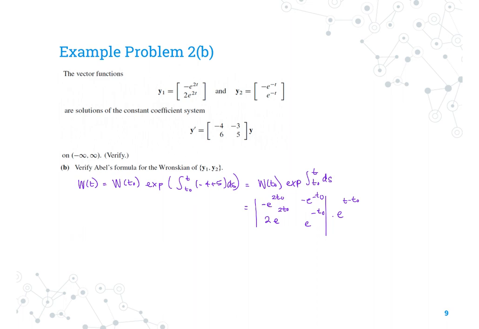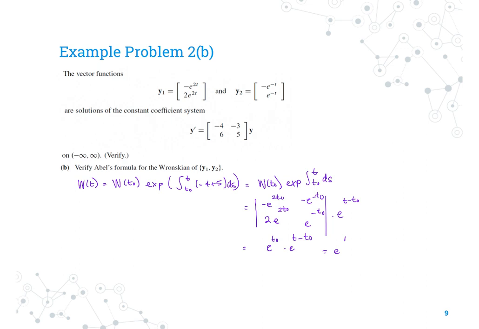We already know what the Wronskian of the inside looks like because we just did it. In this case, instead of just having e^t, we have e^(t0). Then we multiply it by e^(t - t0).